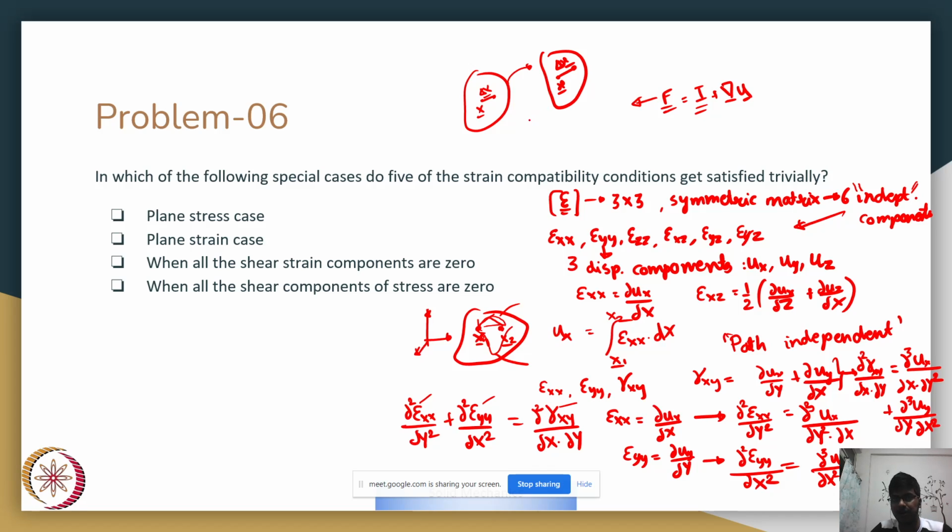We use certain conditions where delta x should go to 0 and the gradients are always small. Using these conditions we derived this, and using this we derived the strain tensor.